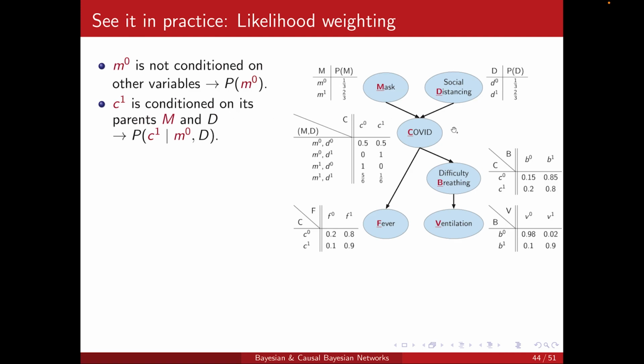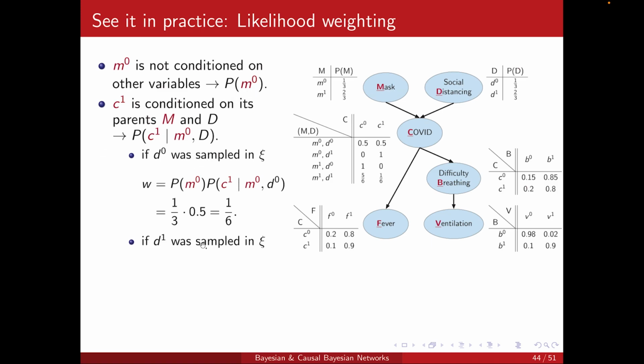For C1, though, it depends on its parents. So it will be P of C1 conditioned on M and D, but here M is set to M0. Remember the idea that we'll just cross out the ones that we don't need. So if D0 was sampled in the particle, then the total weight would be this multiplied by this.